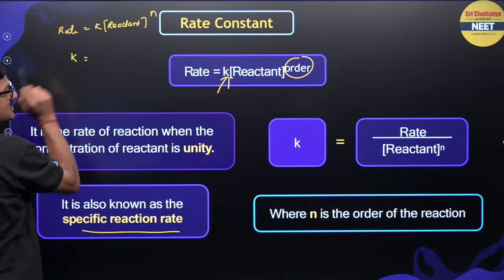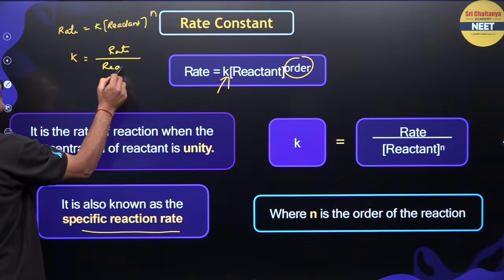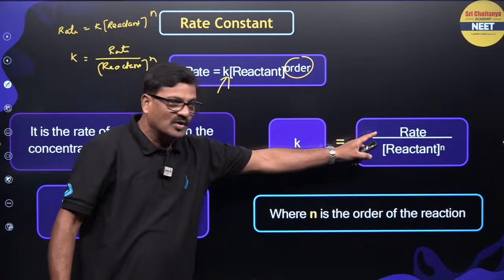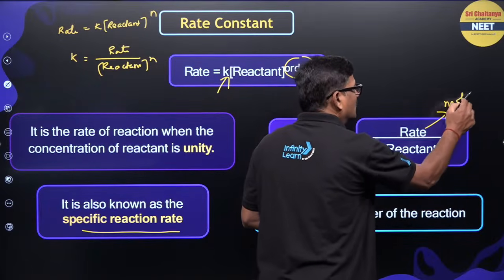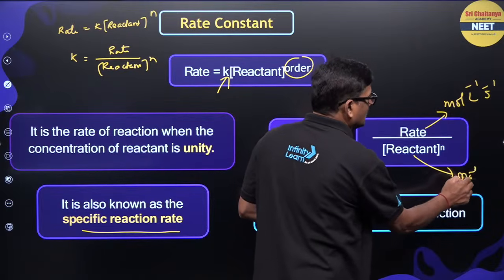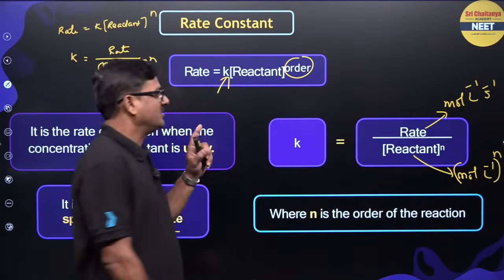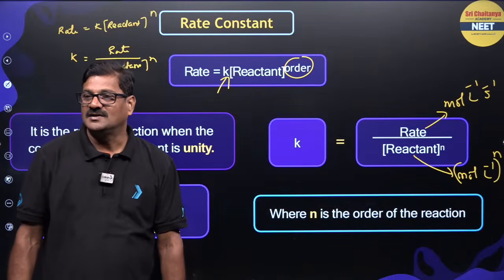So K is equal to rate and reactant concentration to the power n. You can just write it here. Rate is equal to mole liter inverse, second inverse ना, इसका mole liter inverse to the power n. सब मिल के आपको n निकाल सकते हैं, n का हिसाब से होगा. ठीक है.